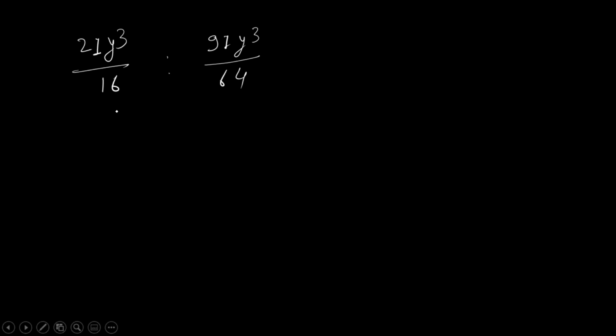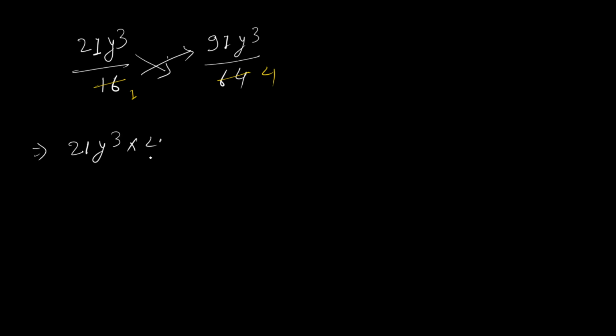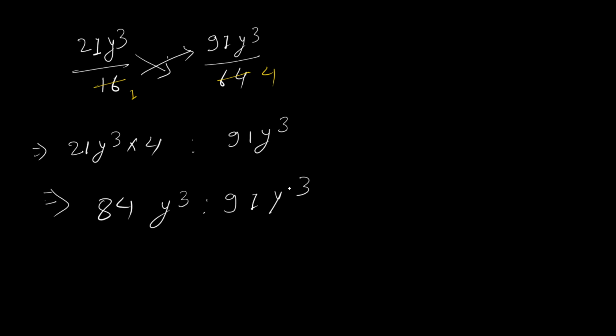Right, sir. Now cutting this, 16 1s are 16, 16 4s are 64, and then you do cross multiplication. 21 y cube multiplied by 4, this 4, and equals 91 y cube. 4 1s are 4 and 4 21s are 84 y cube equals 91 y cube.